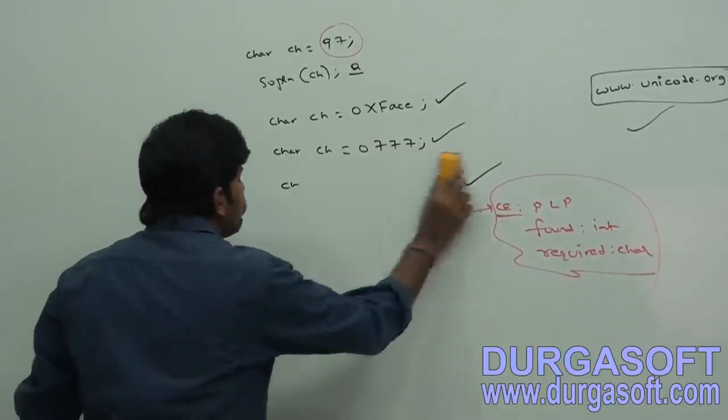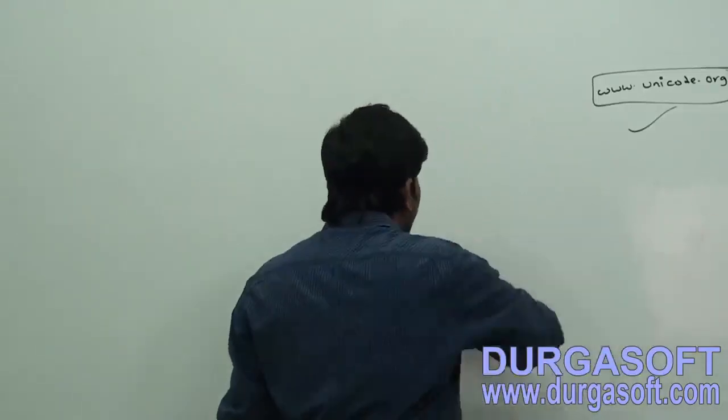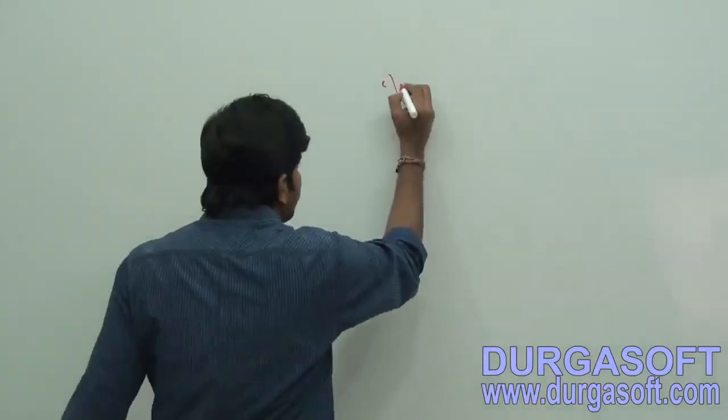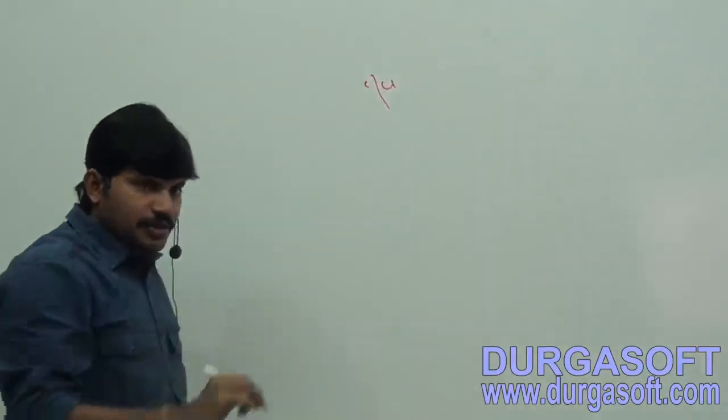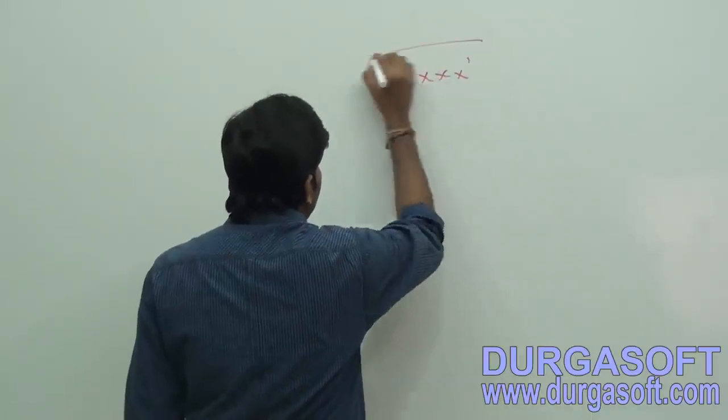Now the third way. Just observe, we can specify a char literal even in Unicode representation. Sir, what is the Unicode representation? Single quote, \u, 4-digit hexadecimal number, single quote.